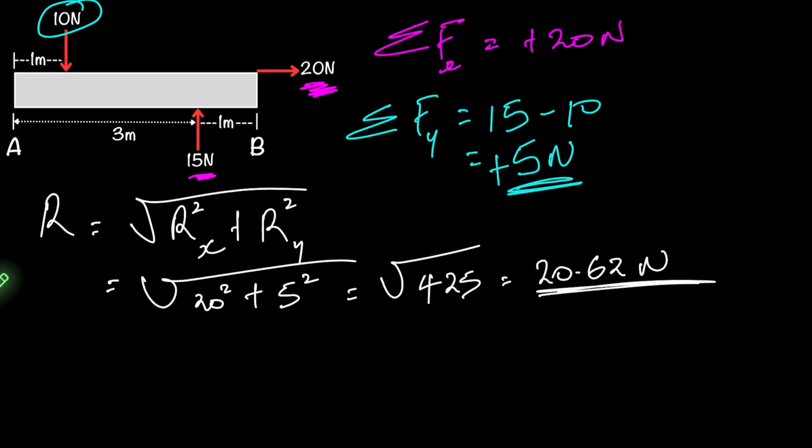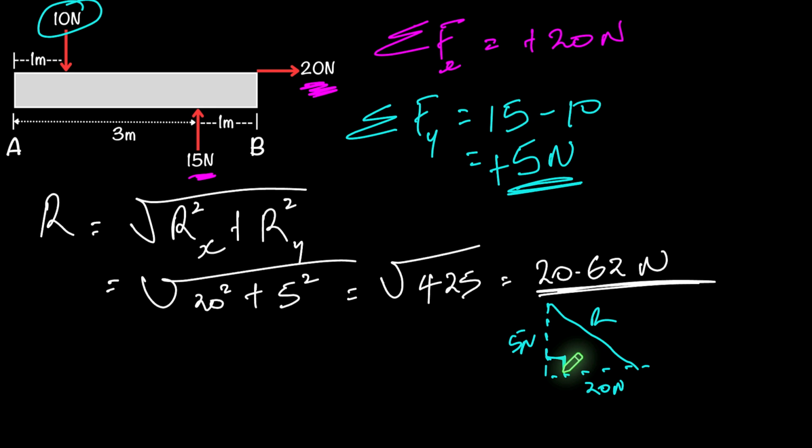And just in case you don't understand where this comes from, if you were to draw our vertical component and our horizontal component like that, and this here would represent our resultant R, then because our vertical component was 5 newtons, horizontal component 20 newtons, and we have this 90 degrees here, then that's why we use the Pythagoras' theorem.